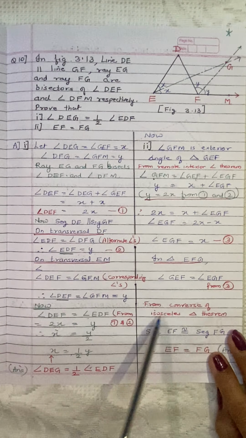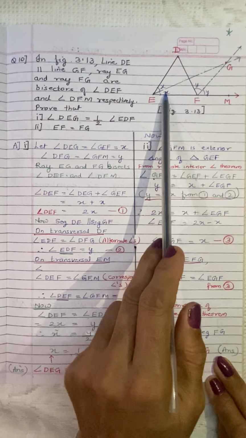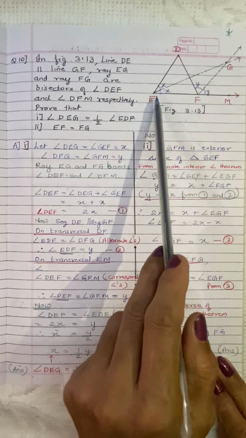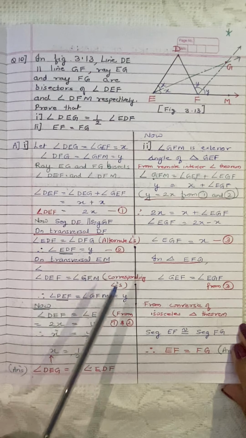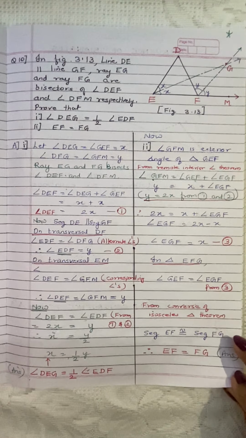So from the converse of the isosceles triangle theorem, segment EF is congruent to FG, because the sides opposite to these angles are also equal. Therefore EF is equal to FG.